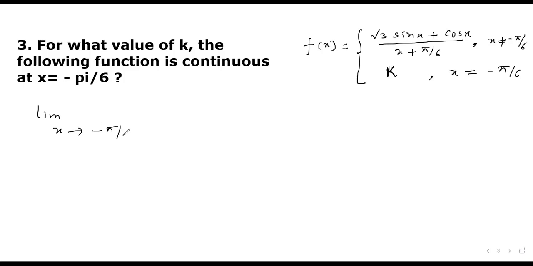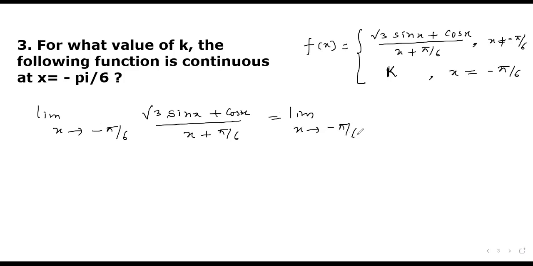So we write this function: root 3 sine x plus cos x divided by x plus pi by 6. So this will become limit x tends to minus pi by 6.